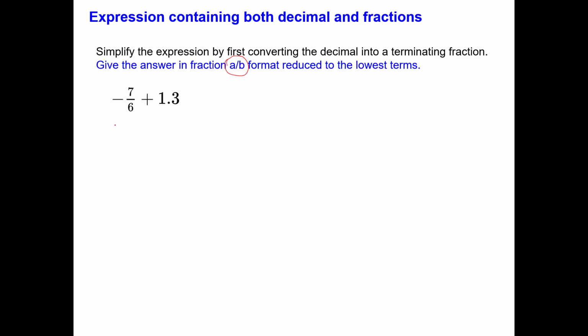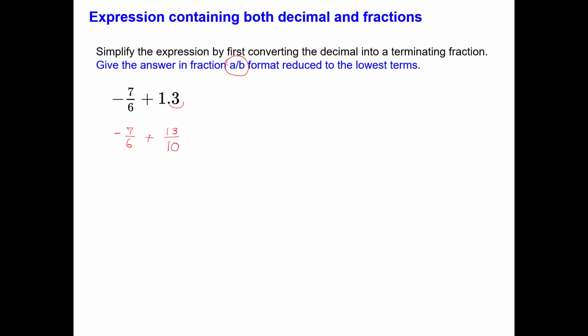And let's convert this one, let me write better. We need to convert this one, minus 7 over 6 plus, and move one place to the right and divide by 10. Then this is 13 over 10.